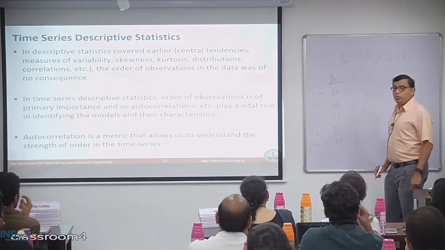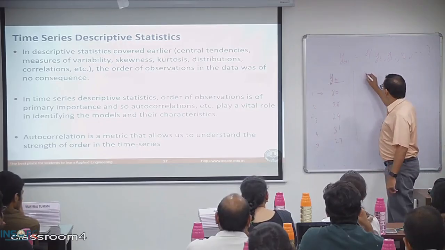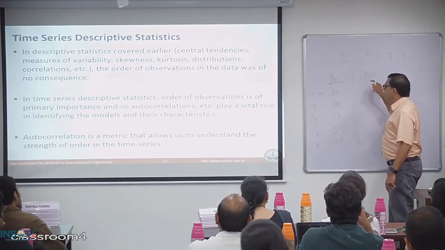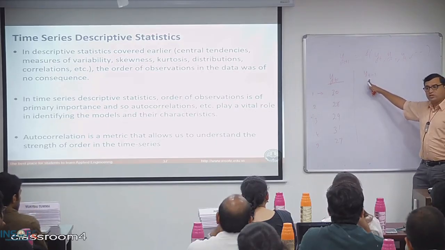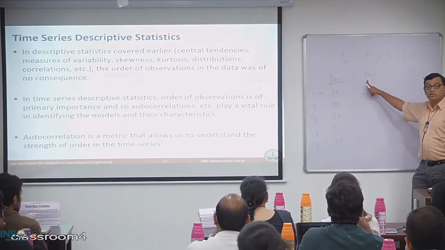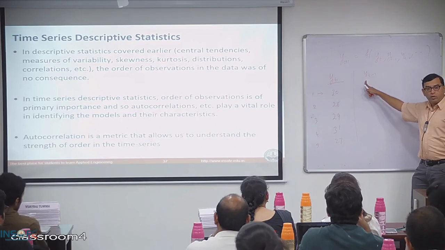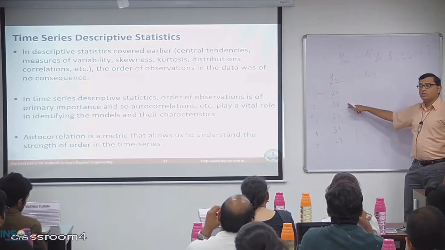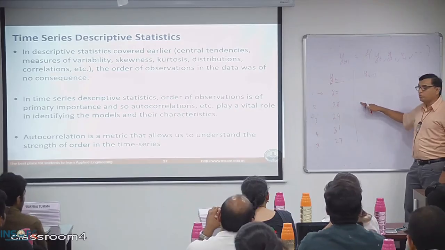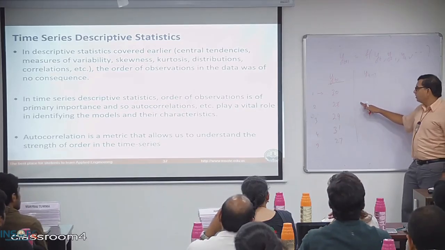What I'm going to do here is list y t minus 1, the stock prices of the previous month. Now, when I'm at the second month, what is the stock price of the previous month? 30.